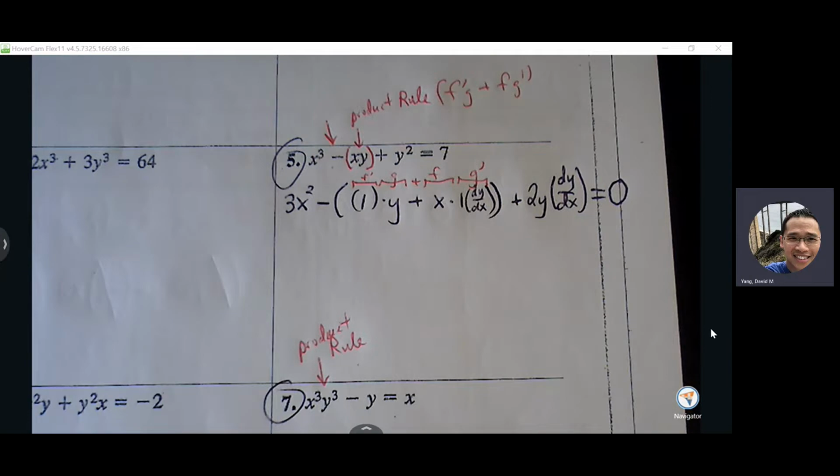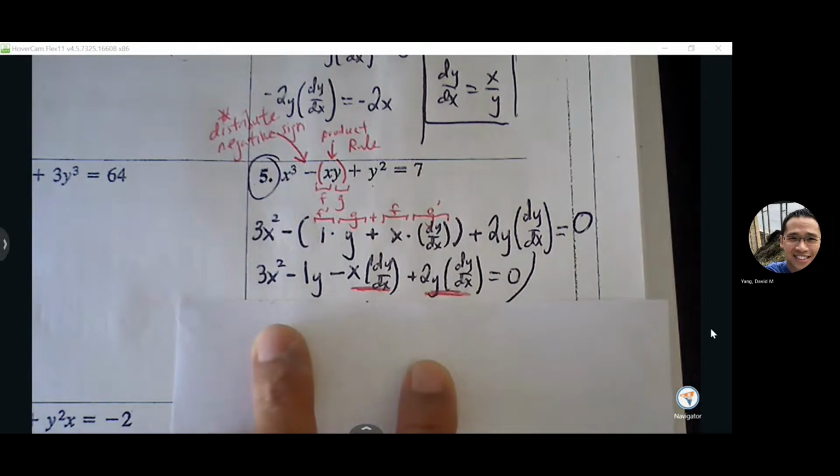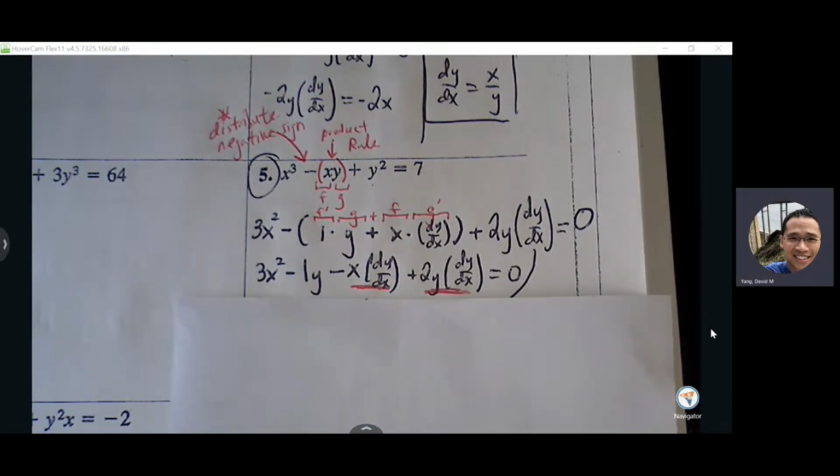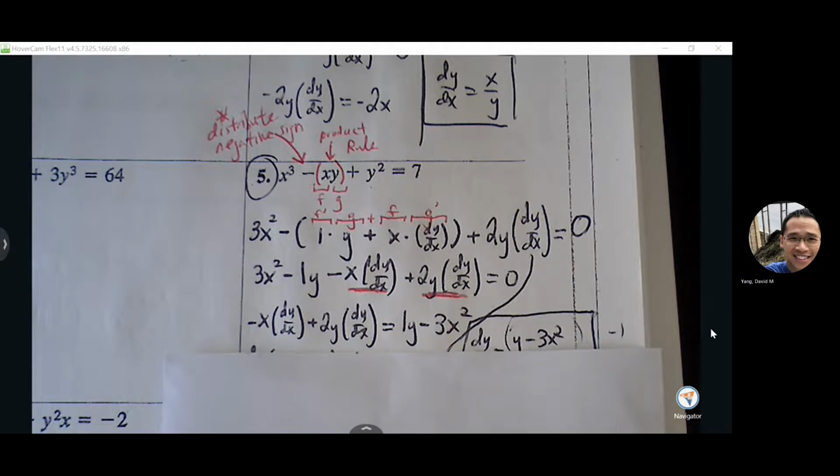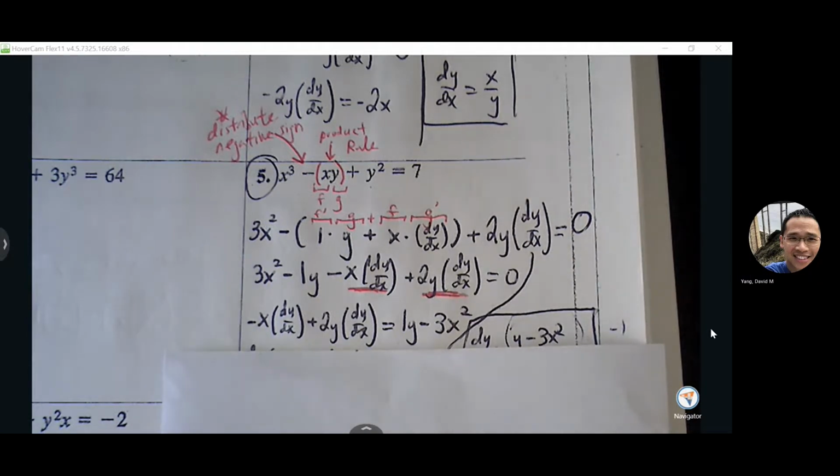We're just going to clean this up here, distribute the negative through. Identify the terms that have dy/dx so that we can know which ones to keep on the left side and which ones to move. We want to keep the dy/dx terms on the same side, and the non-dy/dx terms we're going to subtract or add to the other side. And then once the dy/dx terms are isolated on the same side, we can then factor that dy/dx out.